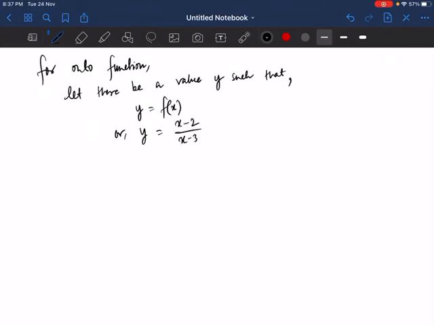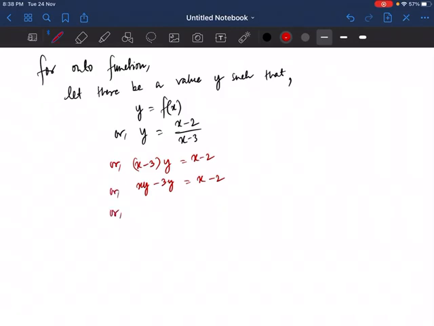Now what was my next step? My next step was to express x in terms of y. So I will just cross multiply and I have (x minus 3) into y is equal to x minus 2. So let's multiply. We have xy minus 3y is equal to x minus 2. So let us take all the x terms one side and the rest the other side.